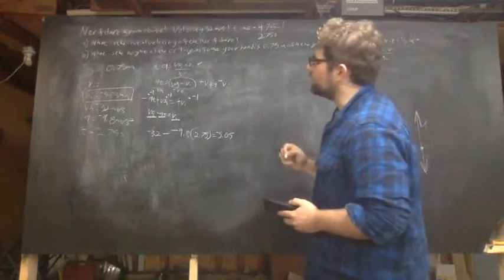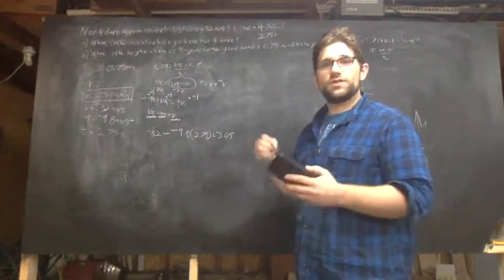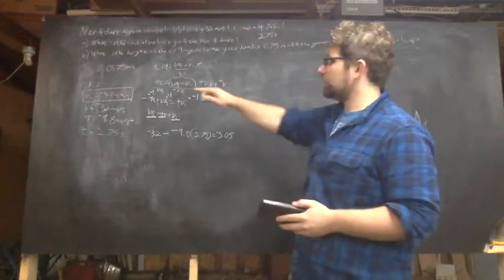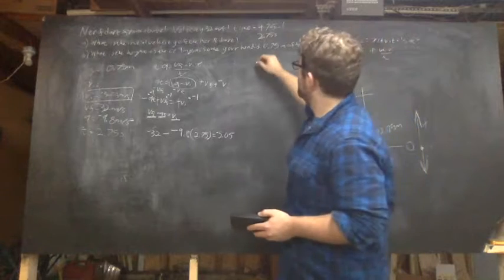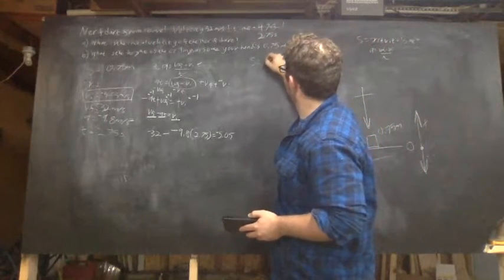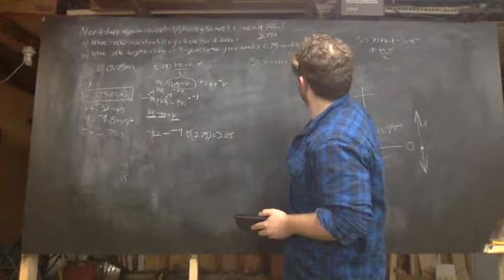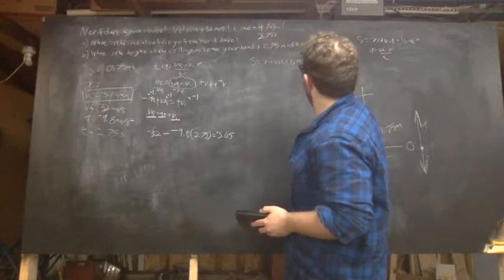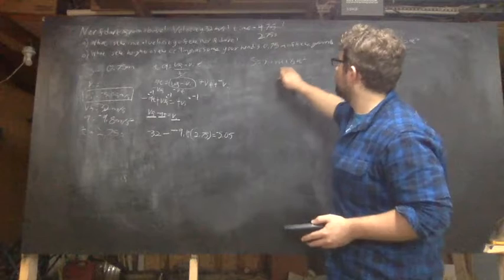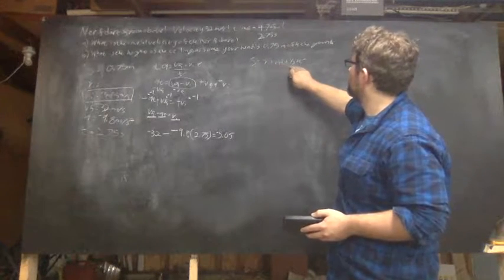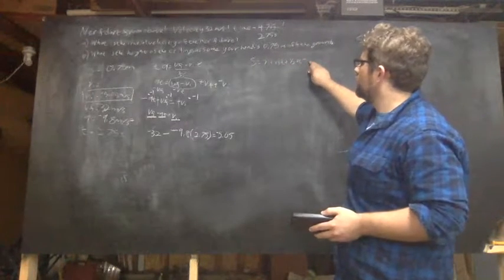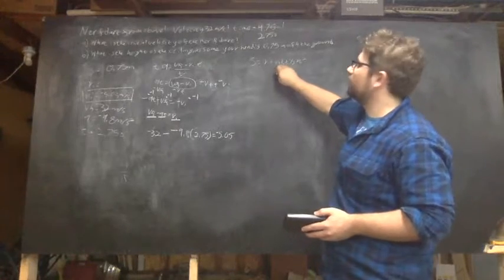All right. Now, let's solve for xi. So we're going to set up our s equation, which is the only thing that has an xi. And notice, we have all of the values for vi t plus 1/2 at squared. So we're going to be able to combine all of this together.